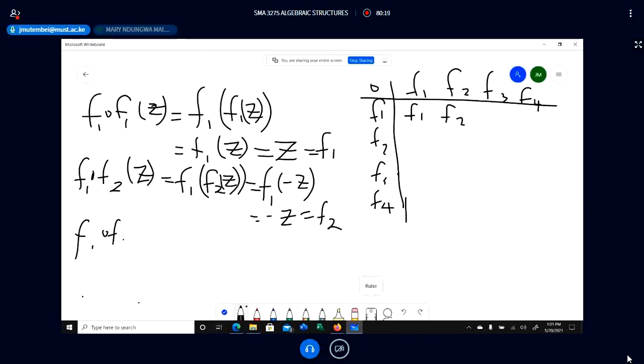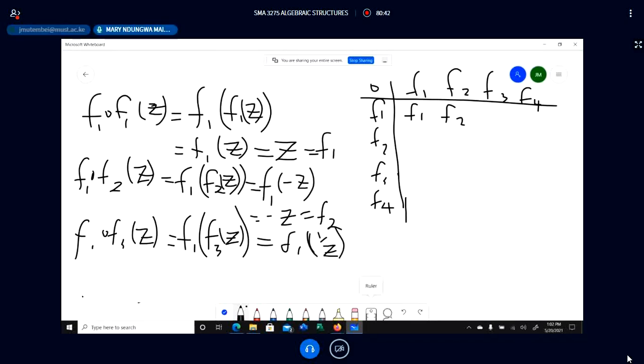F1 composite F3 of Z is now F1 of F3 of Z. F3 of Z from our definition of F is 1 over Z. So this will be F1 of 1 over Z. But F1 of Z is Z, so our new Z here is 1 over Z. So F1 of 1 over Z is just 1 over Z, and 1 over Z is F3.